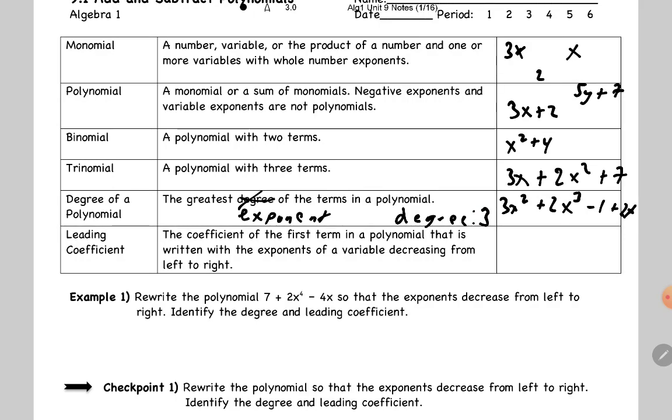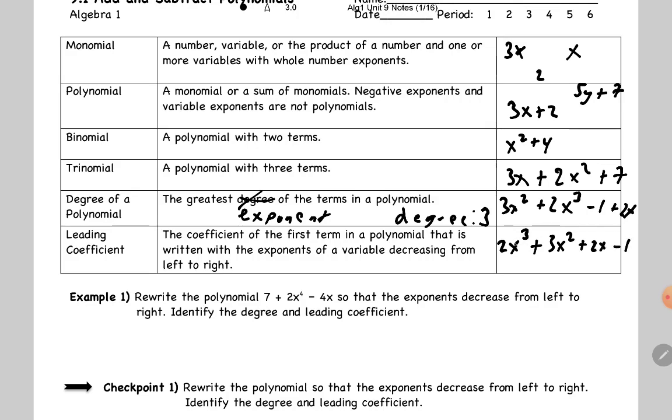Leading coefficient. The leading coefficient is the coefficient of the first term in a polynomial that is written with the exponents of a variable decreasing from left to right. So if you put this in order, let's say we had the previous one, 2x cubed plus 3x squared plus 2x minus 1.